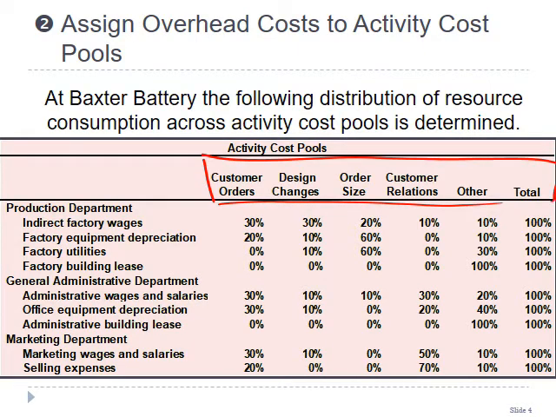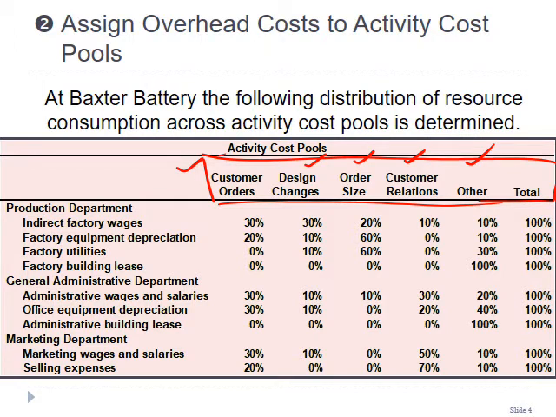First of all, we found the cost pools: customer order, design cost, order cost, customer relation, and others. And now the second step is to assign overhead cost to activity cost pools, in which we start first stage allocation, in which they find out the percentage of how much belongs to what kind of activity.